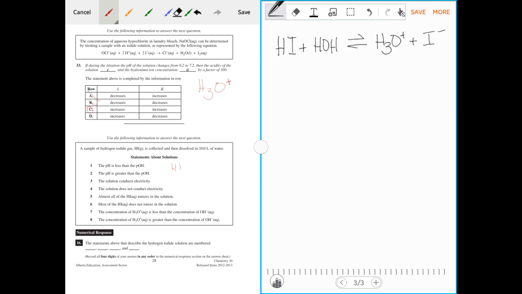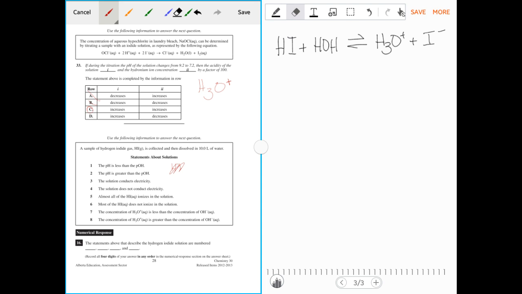Okay, hydrogen iodide in a solution is very, very acidic. It's one of our strong acids. So the pH is less than the pOH. Oops, it's the wrong one. There we go. We do expect the pH to be less than the pOH. So we do expect number 1 to be true.